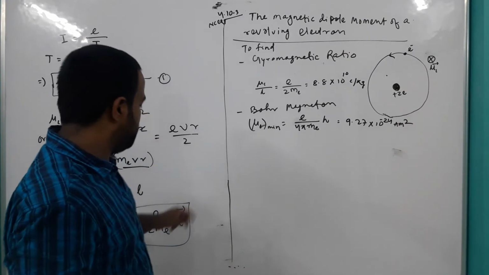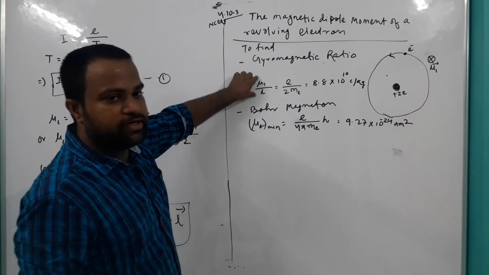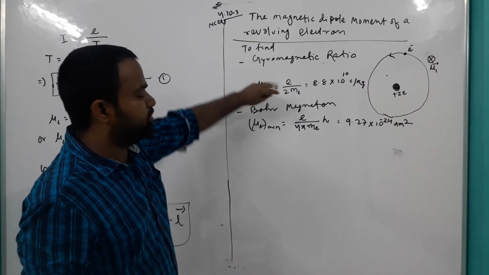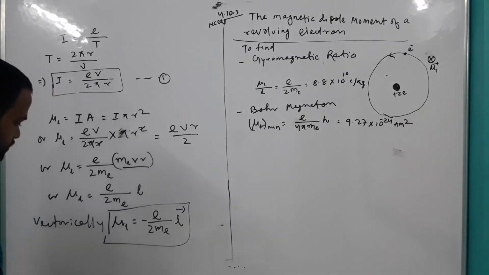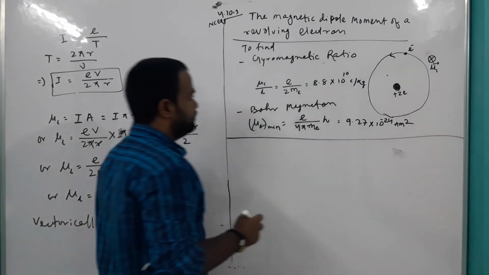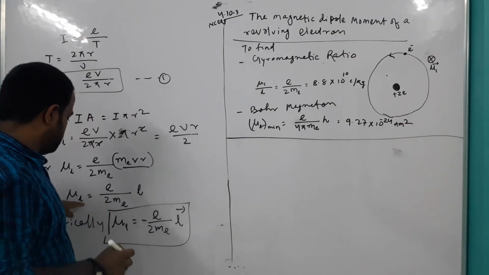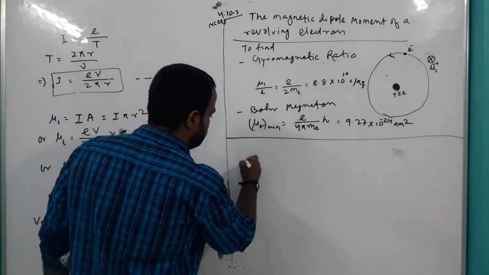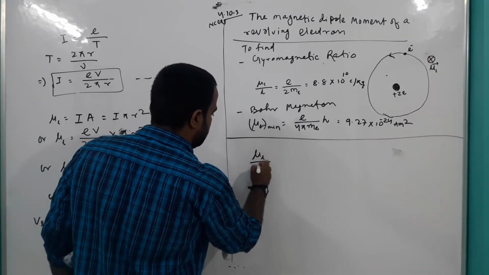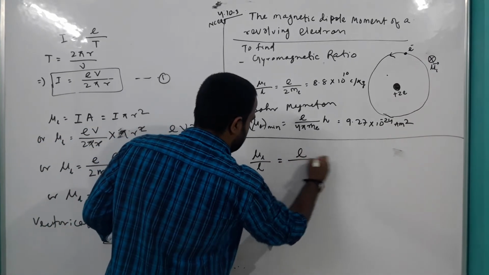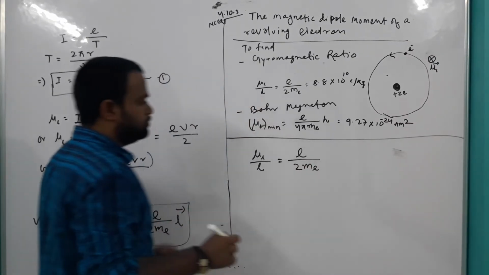Now we will find out the ratio. Our target is to find this ratio, that is the gyromagnetic ratio. So from mu L is equal to e upon 2 m e L, we get mu L upon L is equal to e upon 2 m e.